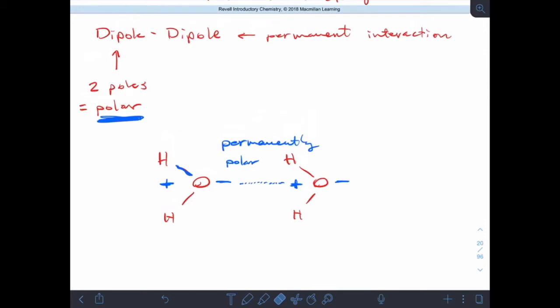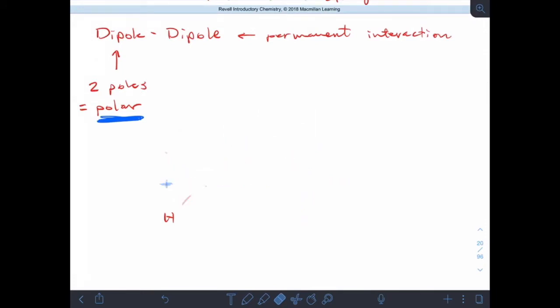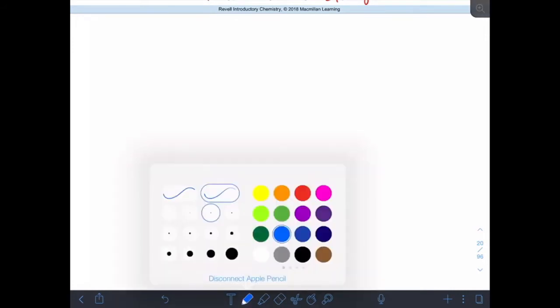All right, so let's look at our third option for bonding, or interactions. Okay. And our next strongest of the three is what's called hydrogen bonding.